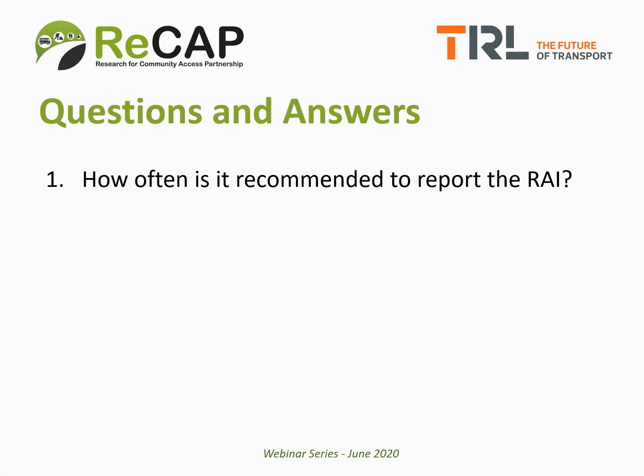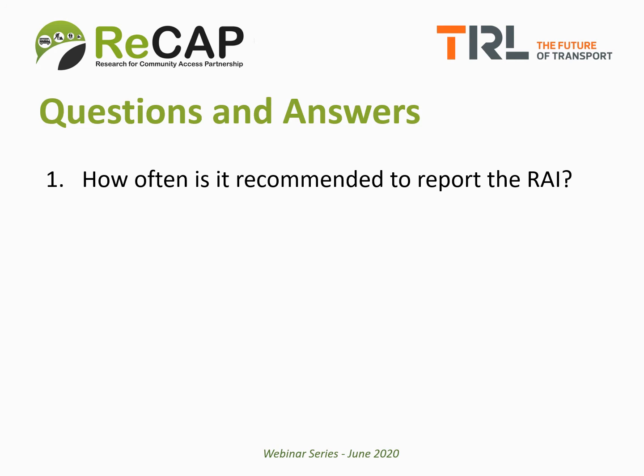So there was one question for webinar 3, and that was, how often is it recommended to report the RAI? Well, the RAI doesn't change very frequently, on average every 3 to 5 years. The recommended frequencies for calculation are given in the supplemental guidelines based on the following parameters.